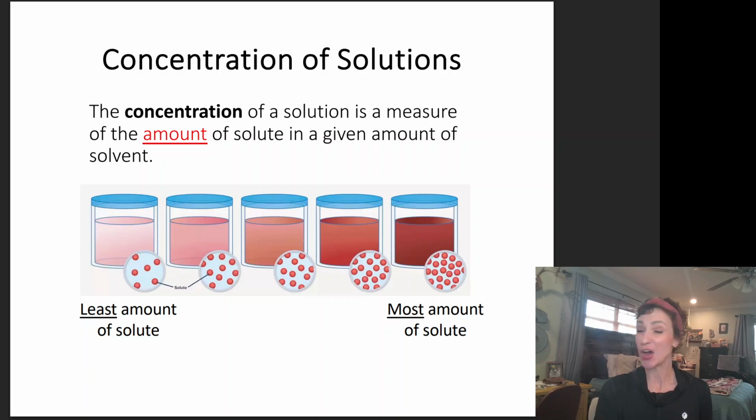All right. Concentration. We are introducing this topic of what a concentration is or represents. The concentration of a solution is a measure of the amount of solute in a given amount of solvent. So here I have a wonderful picture representation which really helps me understand this term of concentration.